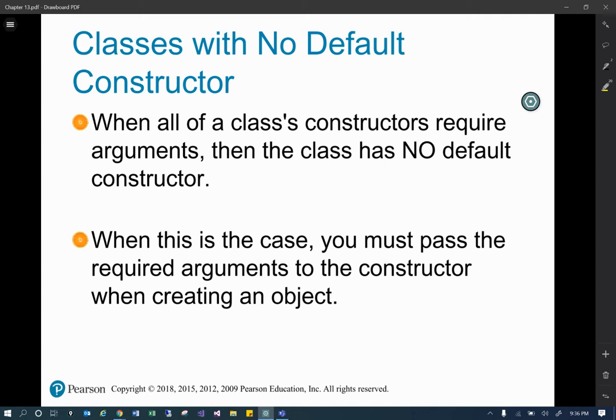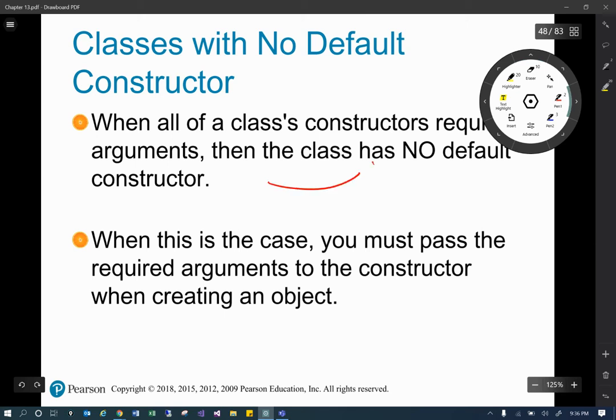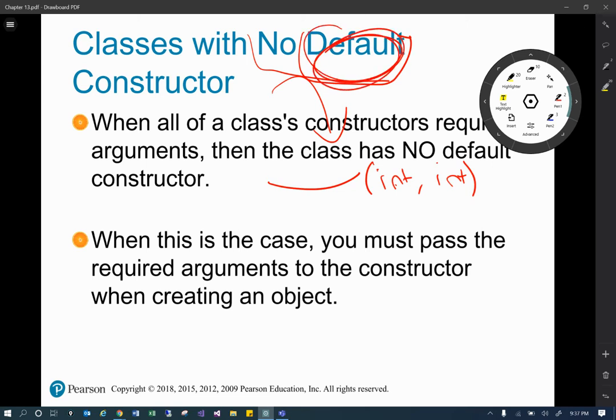So if you develop a class that has a constructor, here's my constructor, and it has params, but I don't specify a default value, then this class has a constructor but does not have a default constructor. Because of this, you have to use this constructor and pass in those values, otherwise you'll get a compilation error.